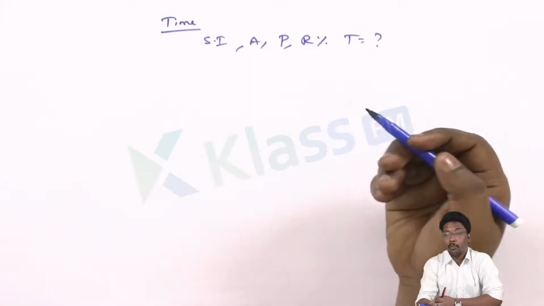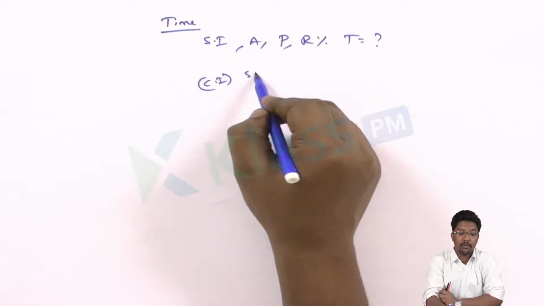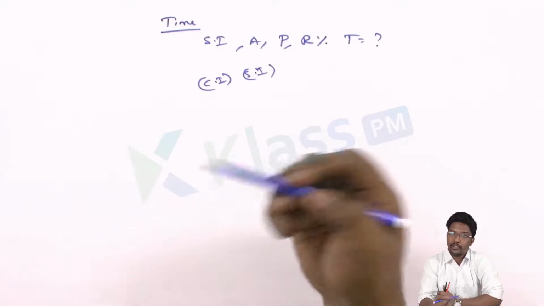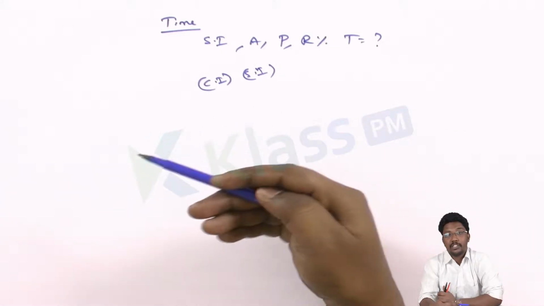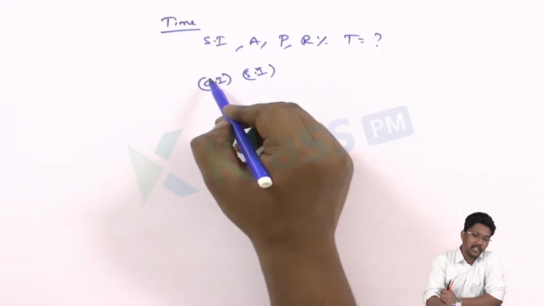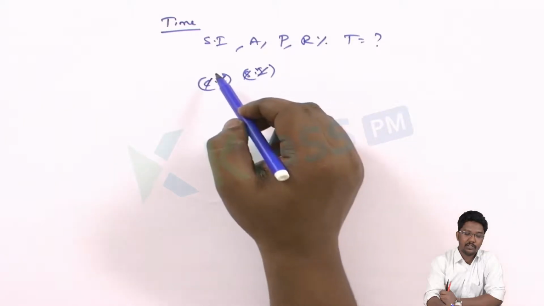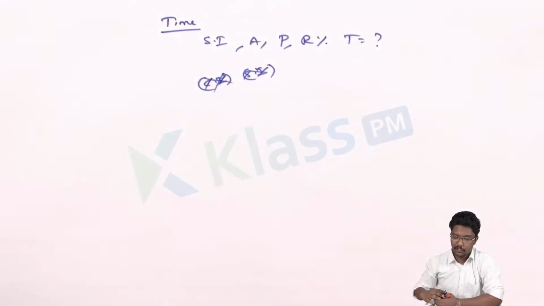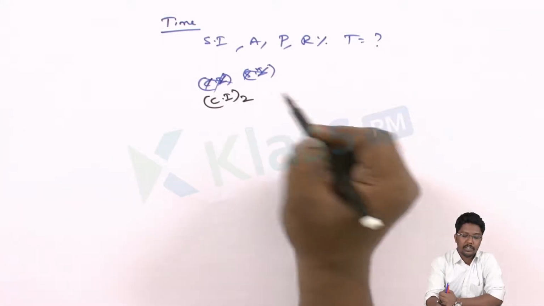When you are moving to compound interest, there is a chance to be asked a combination of simple interest and compound interest. Like the difference between compound interest and simple interest for 2 years, or for 3 years and 2 years. For state level examinations, public service commissions or SI prelims and mains, they will not ask for 3 years. Always they will concentrate on 2 years.